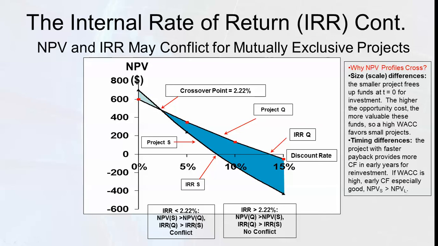That's what you can see here: high WACC favors small projects, in this case project S. So NPV and internal rate of return may conflict for mutually exclusive projects.